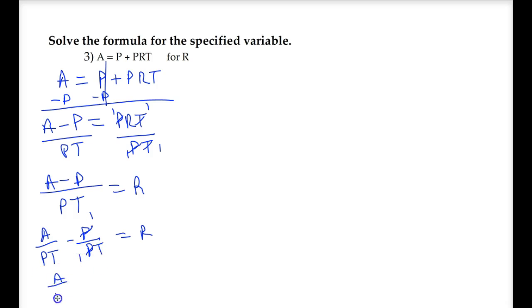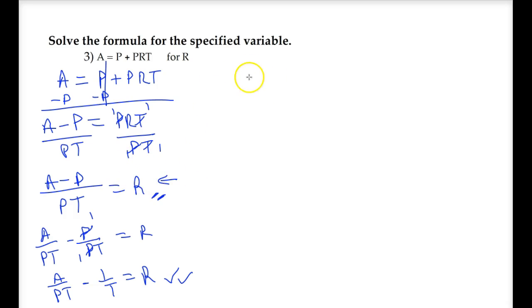So you would just have A divided by pt minus 1 over t equals r. Okay. So if you're looking at this for the exam, this is far enough. If you wanted to take it to this point, that is okay. What I'm going to be looking for is everything up to here if you do it this way.